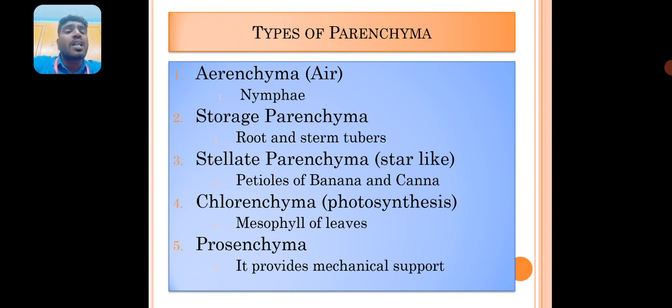Stellate parenchyma is star-like parenchyma, for example petioles of banana and canna. Chlorenchyma has chloroplasts, for example mesophyll of leaves. Prosenchyma provides mechanical support.